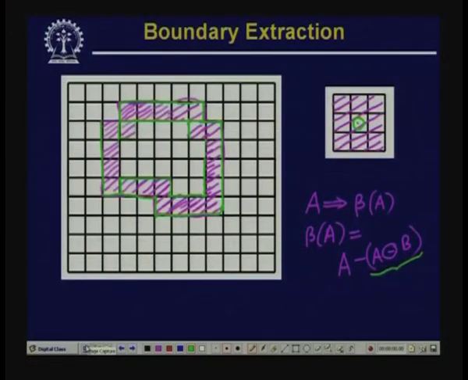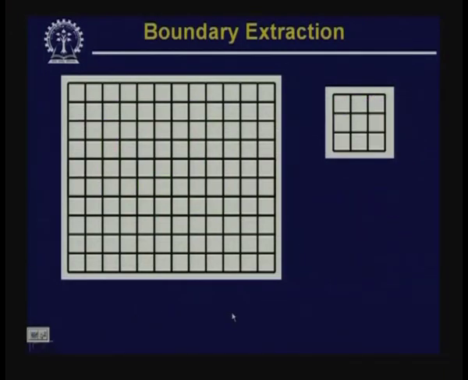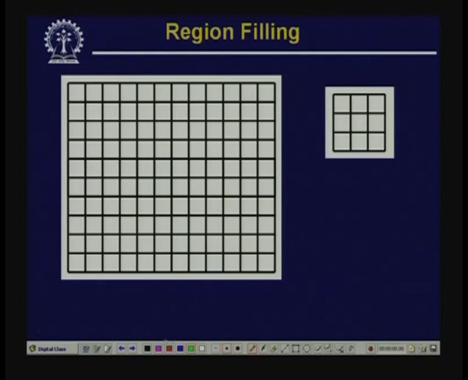Now, let us try to find out, just opposite to this, if we are given the boundary of an object region, how we can fill up the hollow region within the boundary, again by application of morphological operations. So let us take another example. Here again, let us assume that we have an image, say something like this.